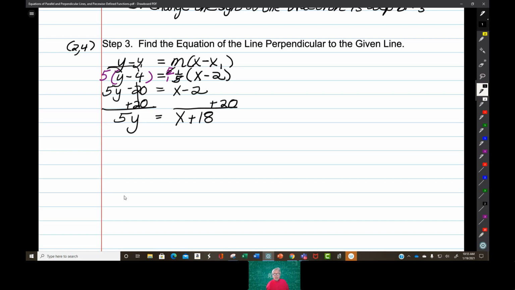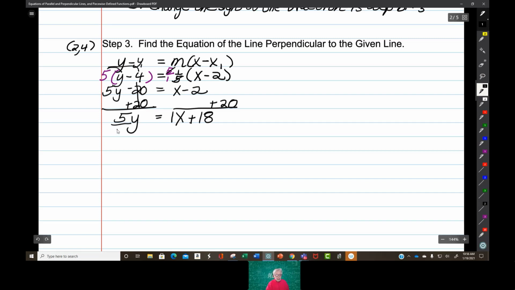Now I am going to be dividing each term by 5. This necessitates that I acknowledge that there's a visible number in front of the x, 1. There's always an understood 1 when you have a variable standing by itself.